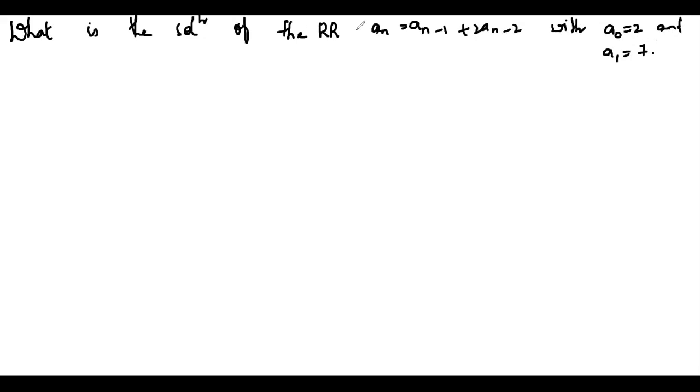Now, we have been given the recurrence relation as this: an is equal to a n minus 1 plus 2 a n minus 2, and a0 and a1 are also given.